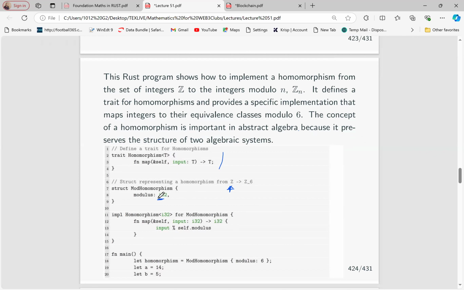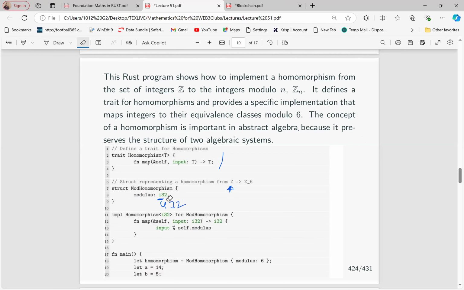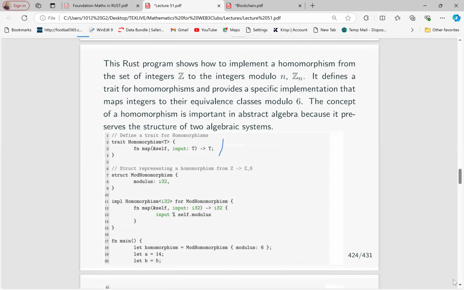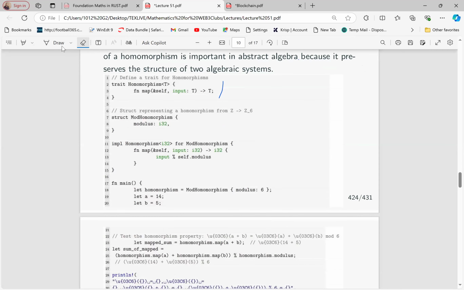Otherwise, we would have talked of U32. When we talk of U32, we mean that we'll only be dealing with positive numbers. But since integers will be negative, we want to deal with both negative and positive numbers. Okay, so I'll be sharing the code.